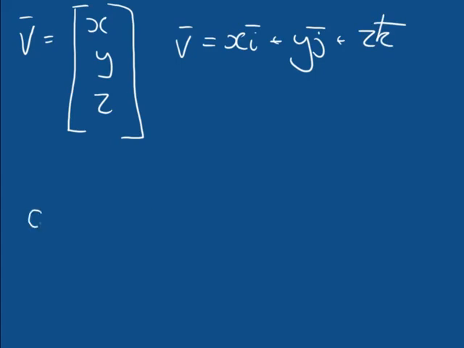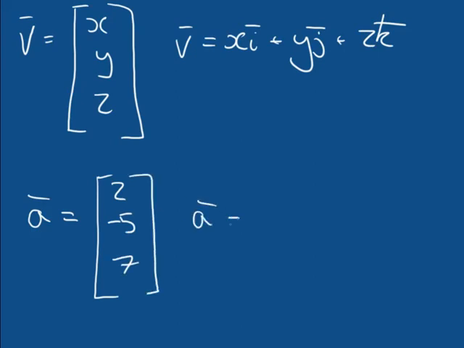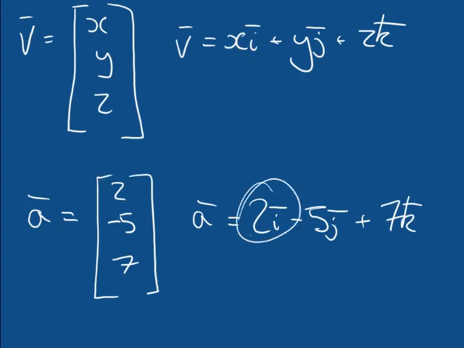Now if I had another vector a that was equal to 2, minus 5, and 7, say, then we could equally write a as equal to 2i minus 5j plus 7k, because we've taken the x value, 2, multiplied that by i, that's given us 2i, we've taken the y value, minus 5, multiplied that by j, that's given us minus 5j.